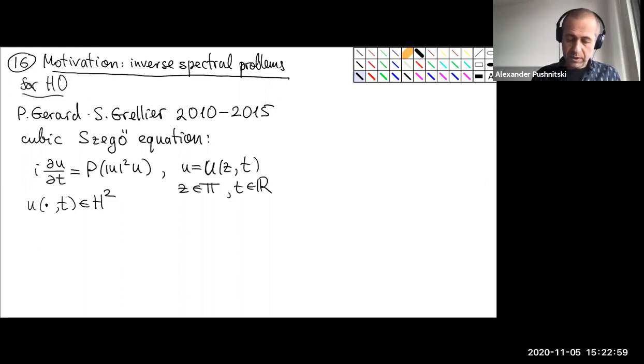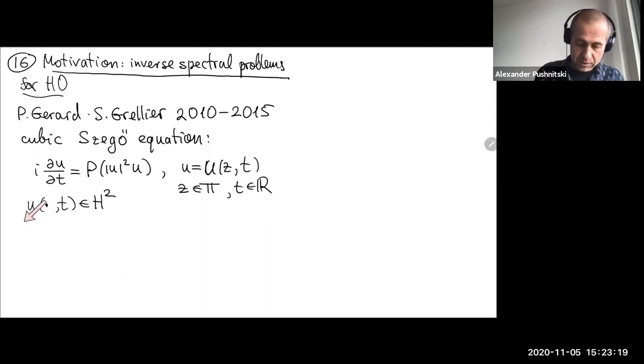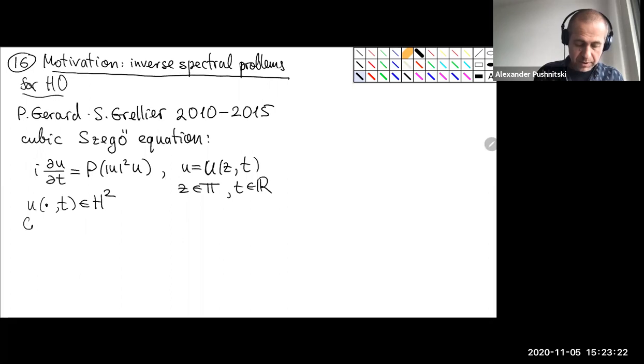So you take U, you square it, and then you project back onto the Hardy class. Of course, it has to satisfy certain regularity conditions so that this operation makes sense. So the fundamental discovery was that this equation is actually completely integrable.